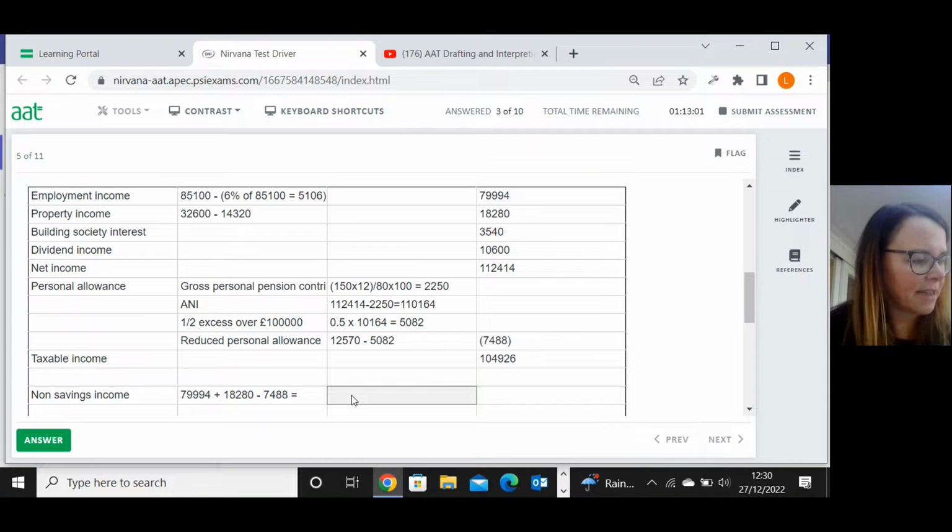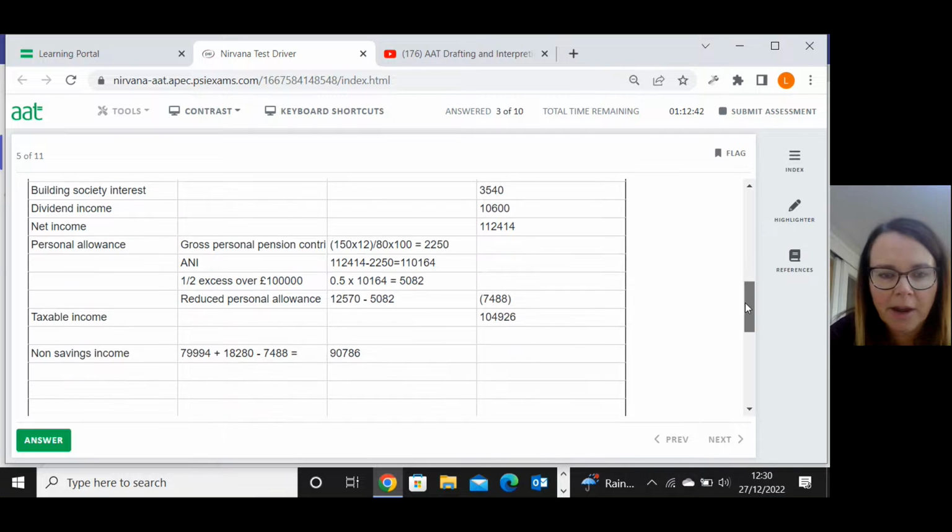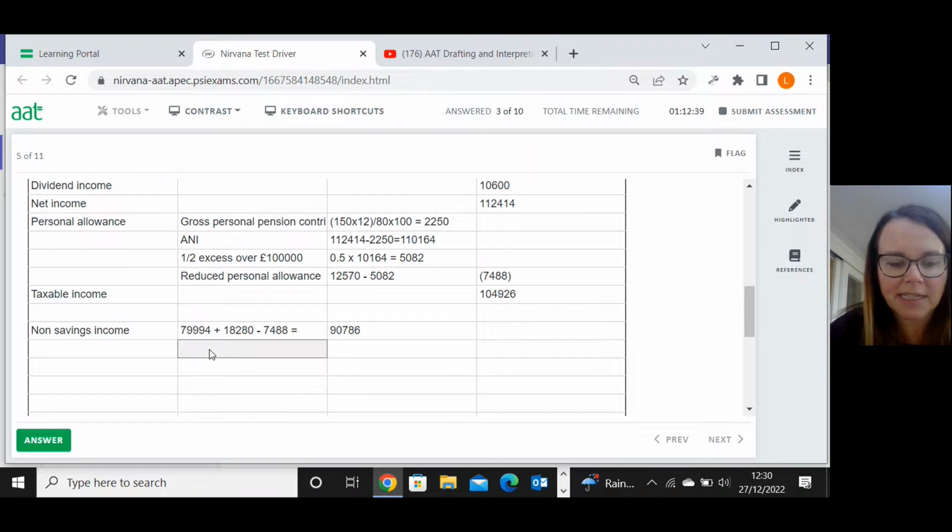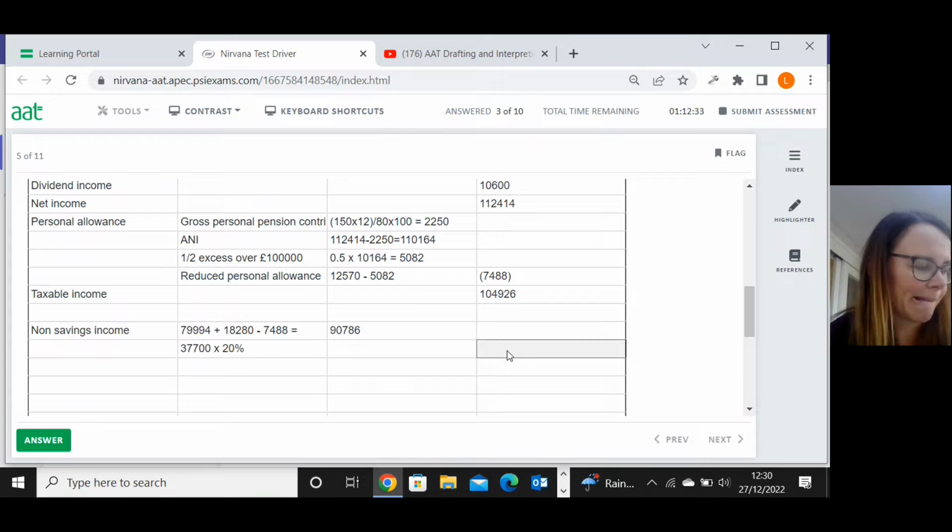So that comes to 90,786. So I've just worked out what my non-savings income figure is. So I know that I'm definitely going to do the first 37,700 at 20%.